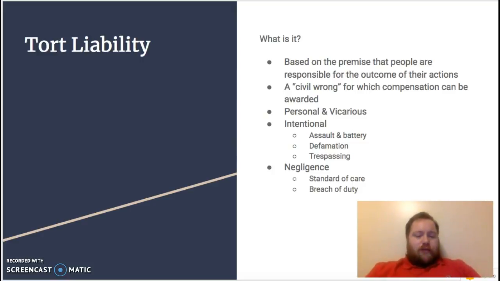There's also defamation, so if your words cause harm to someone, that's considered an intentional tort case. And there's also trespassing as well as unlawful imprisonment.